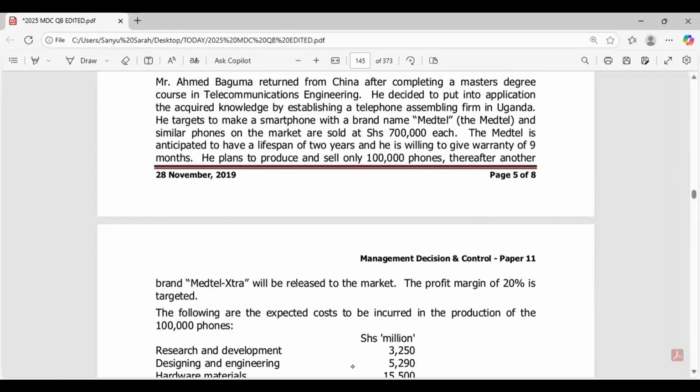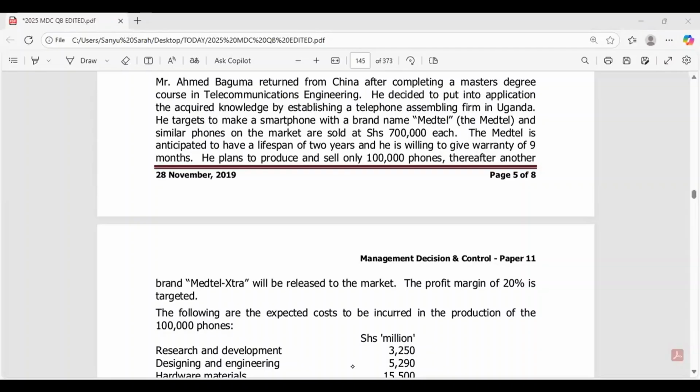They said, Mr. Baguma returned from China after completing a master's degree course in telecommunications engineering. He decided to put into application the required knowledge by establishing a telephone assembling firm in Uganda. He targets to make a smartphone with a brand name, Medtel, and similar phones on the market are sold at 700,000 each.